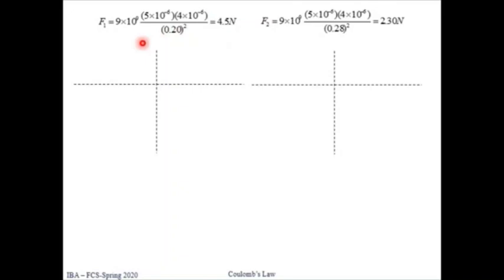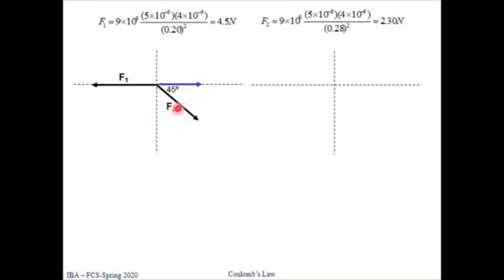Let's plot these values. As given in the previous slide, F1 is along the negative x-axis and F2 is in the plane of positive x-axis and negative y-axis, making an angle of 45 degrees with respect to the positive x-axis. Their values are given here, which have been determined previously. And as I mentioned before, F2 must be resolved into its components.